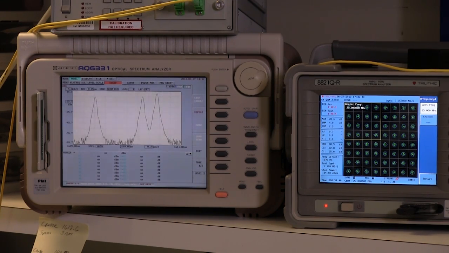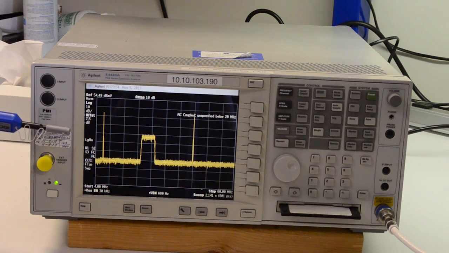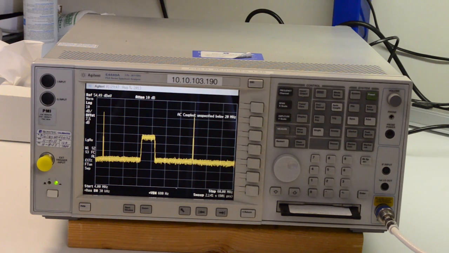Our carrier to noise is creeping up. And when these peaks get closer than 0.0 nanometers, this degrades very, very rapidly.